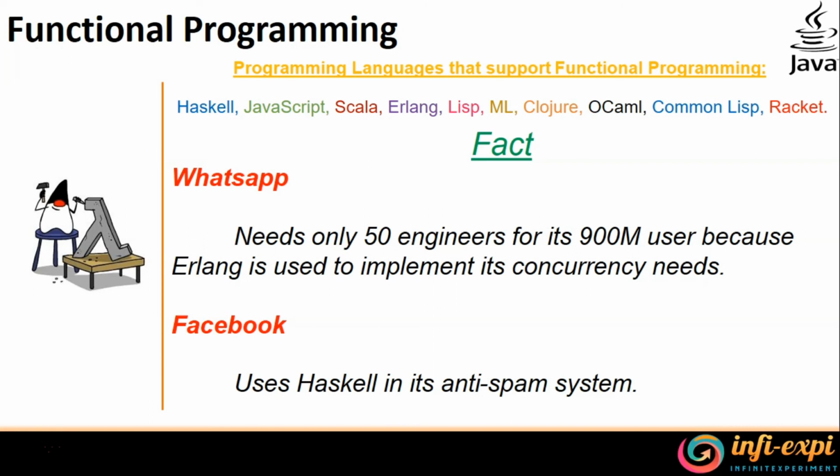Facebook uses Haskell in its anti-spam system, and Haskell supports functional programming. So these are modern real-time applications which use functional programming via languages like Haskell and Erlang. I just wanted to quickly give you the fact that, practically, are we using functional programming today? Yes, indeed we are.